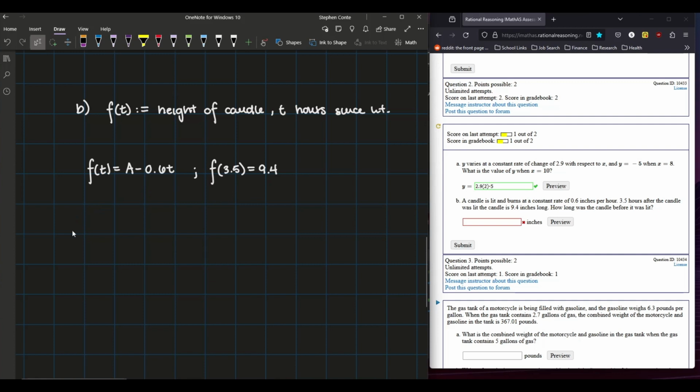So all I need to do here is plug in our t and our f of t into here, and solve for A. So 9.4 equals A minus 0.6 times 3.5. Now A must be 9.4 plus 0.6 times 3.5.